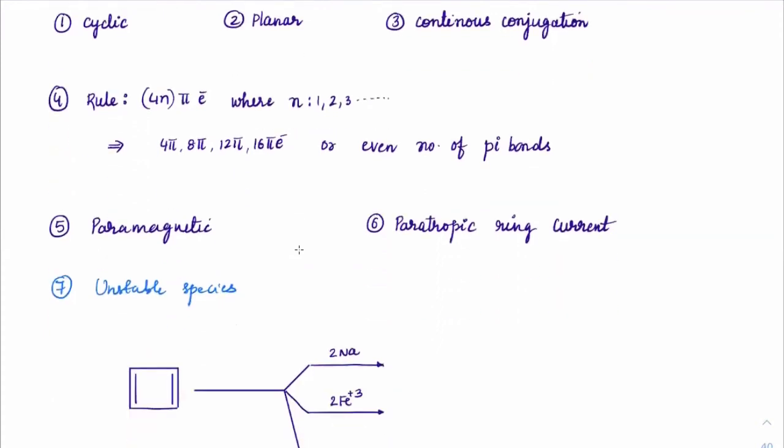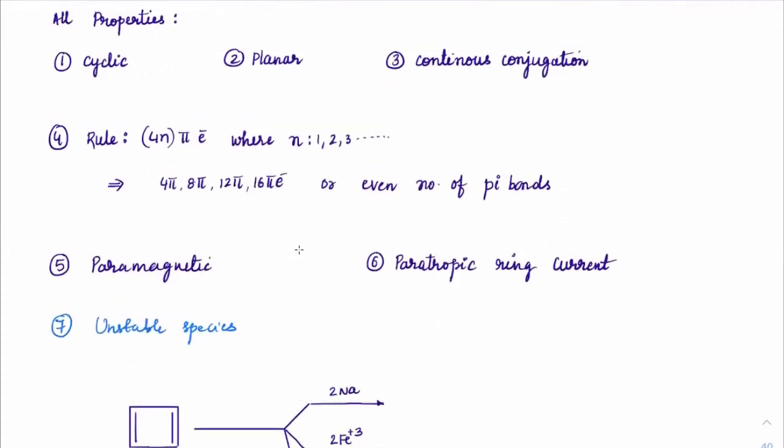So check this. Now, since this species is unstable, it is highly reactive with any species. For example, if I react it with sodium, sodium is a source of releasing electrons. Sodium's role in all organic reactions, even in inorganic reactions, is to immediately release electrons into the solution because it is more stable in the Na plus state.